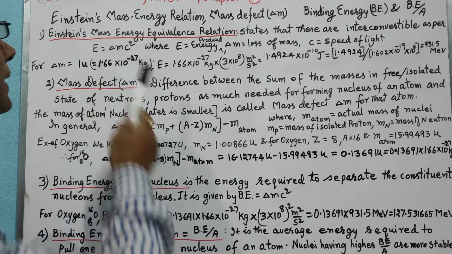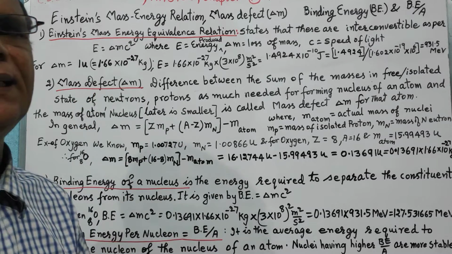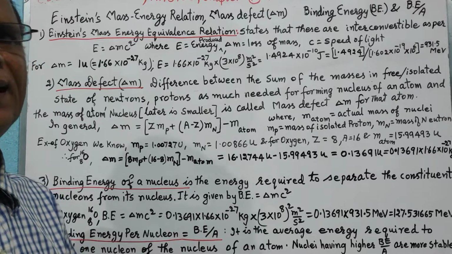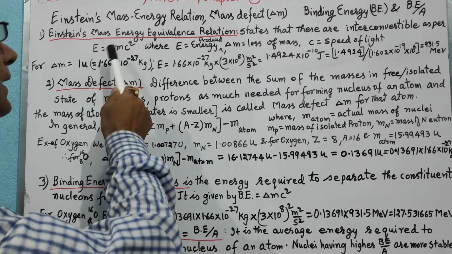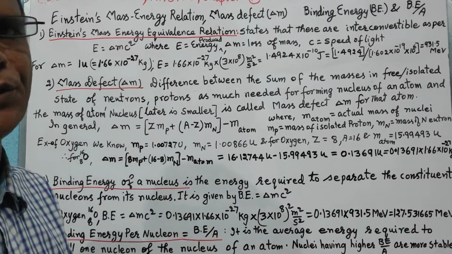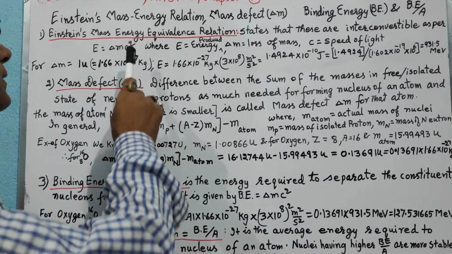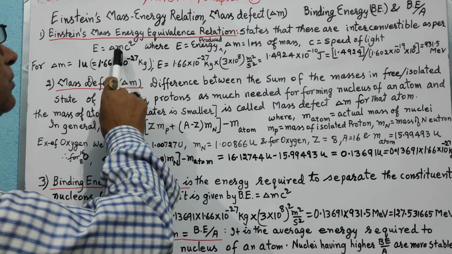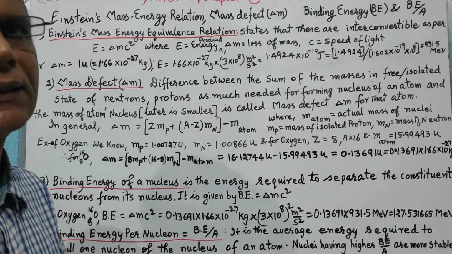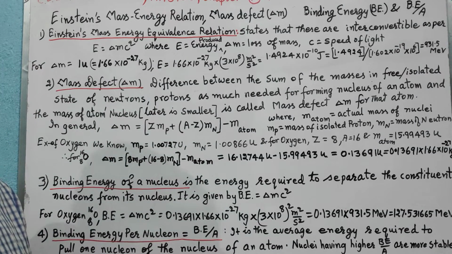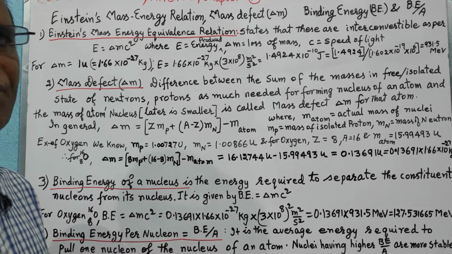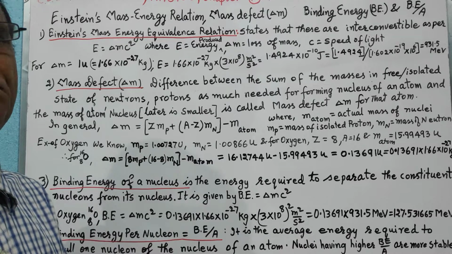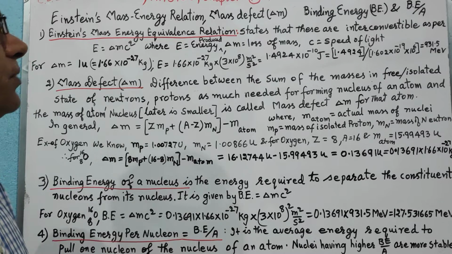E is equal to delta m c square, where E is the energy produced when delta m mass is converted into energy. The energy produced will be equal to the product of the mass in kg multiplied by the square of the speed of light in vacuum.